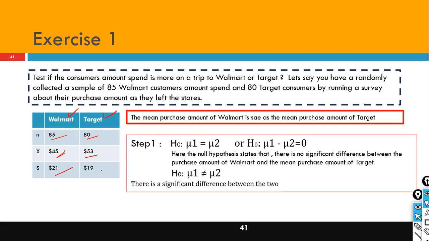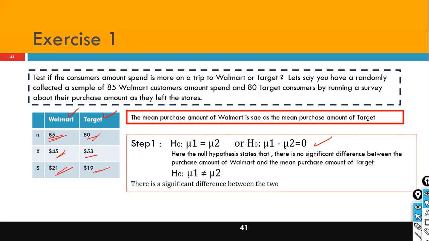Now the standard deviation. Since we collected the sample of 85 customers of Walmart and 80 customers of Target, we are able to find out the standard deviation also. Now we need to find out, is there any difference between the amount spent by Walmart as well as the Target customers? So here you can define the null hypothesis like this, or slightly in a different way.